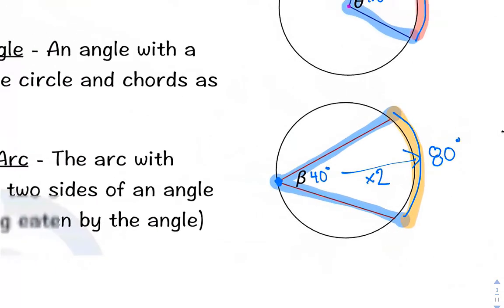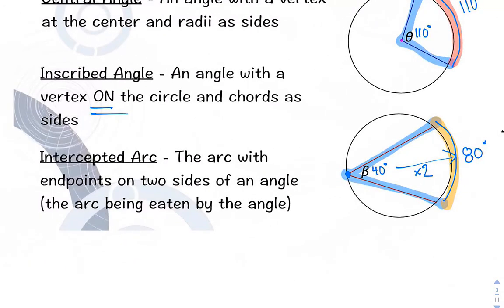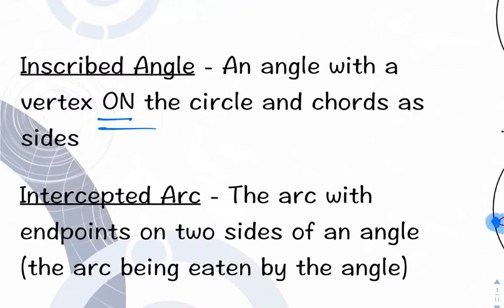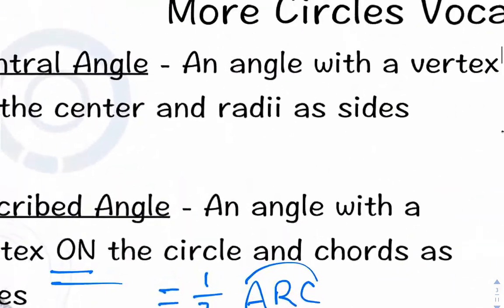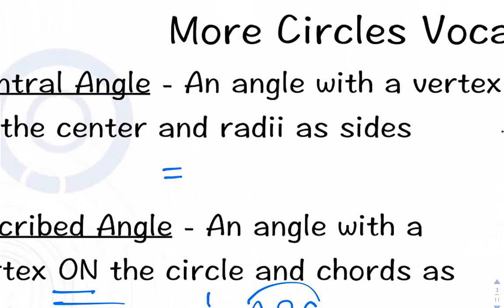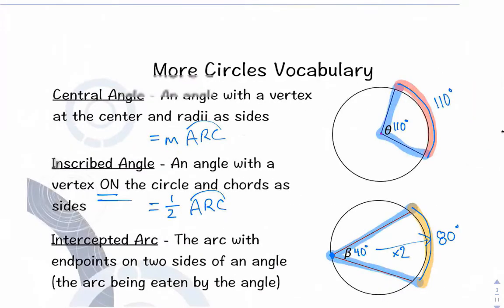So if I want to jot down a quick note here, inscribed angles are equal to half of the intercepted arc. So just keep that in mind, whereas our central angle is equal to the measure of our intercepted arc. So just two things to keep in mind there.